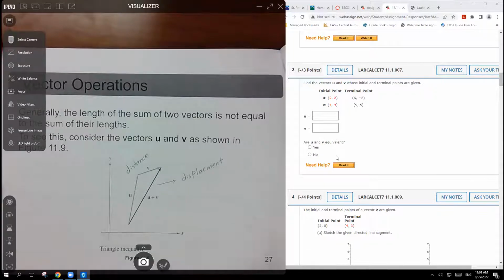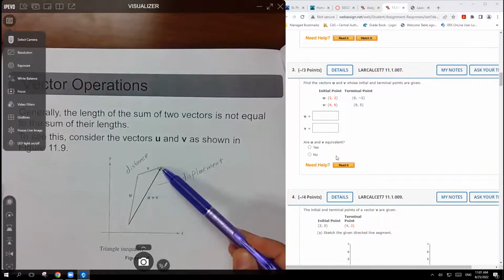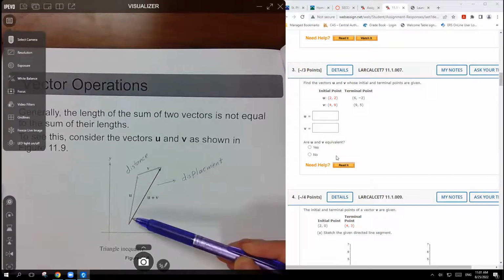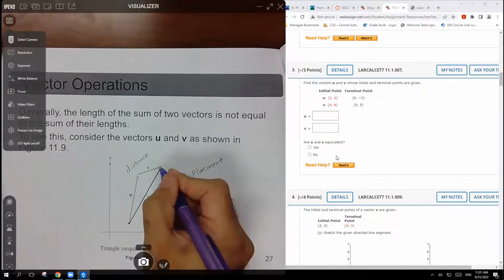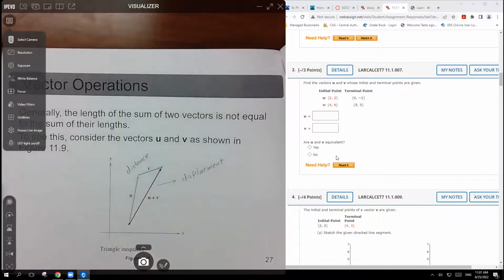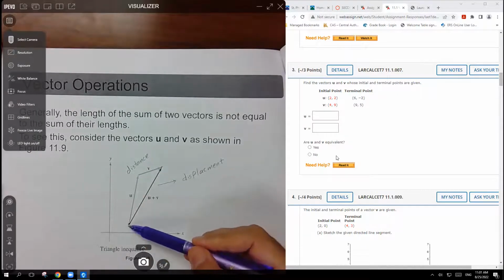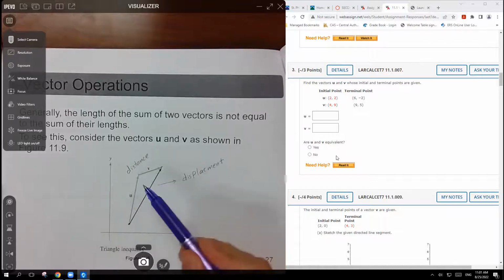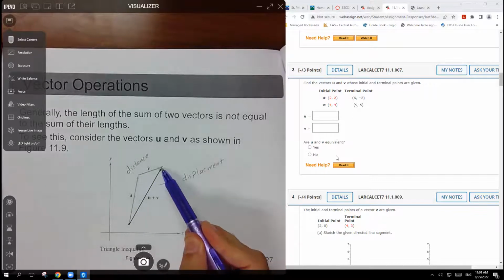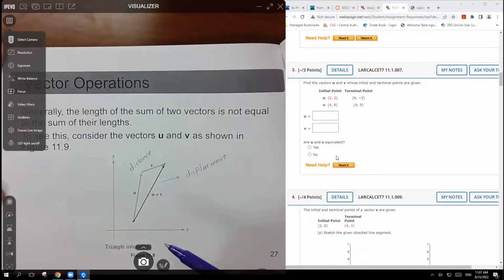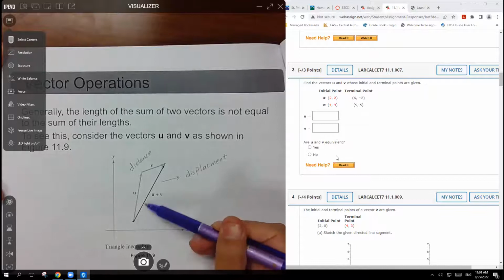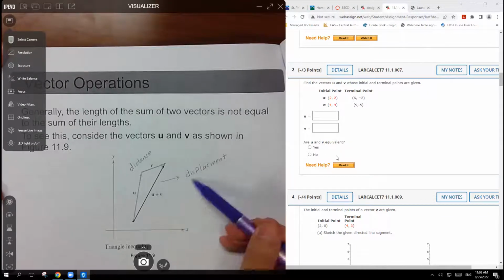The same thing, we already know the meaning of u plus v. Here is u, here is v. Imagine you are going to the college. When you take u, then you take another street, v, this is called distance, in physics. But if you take u plus v, it's called what?